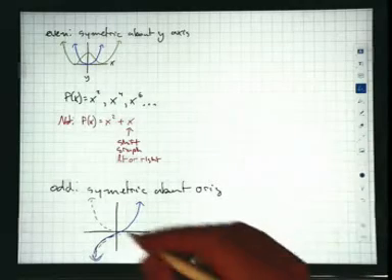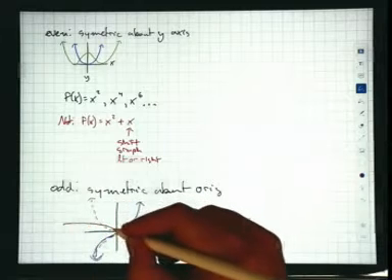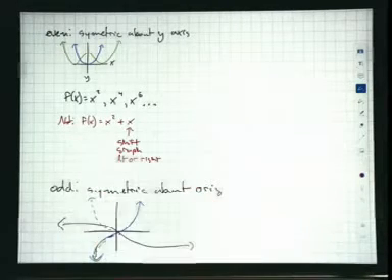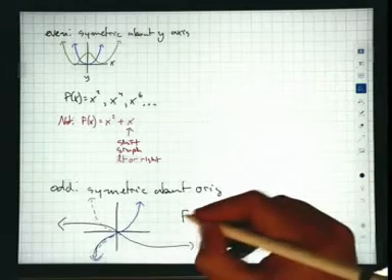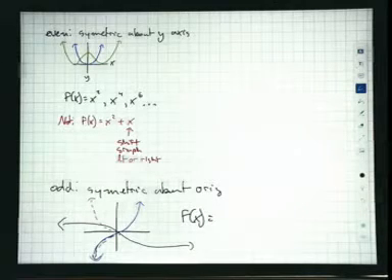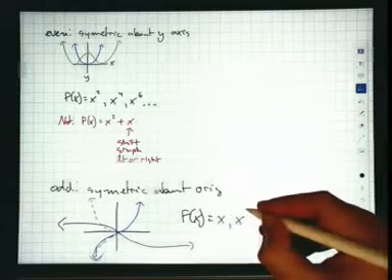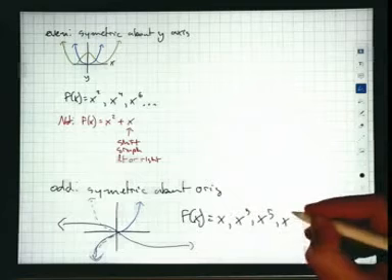Another one could be something that does something more like this. That would be symmetric about the origin. And they all have the format of f of x is equal to x, or x to the third, or x to the fifth, or x to the seventh.